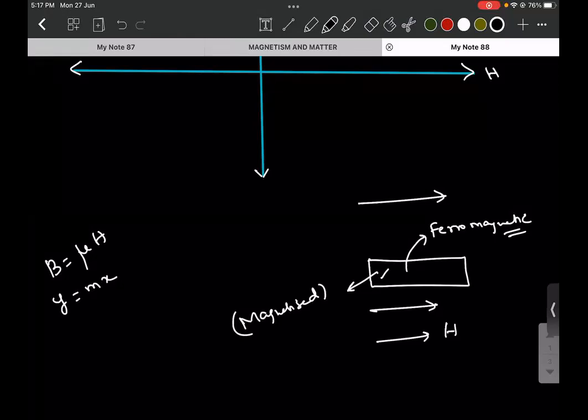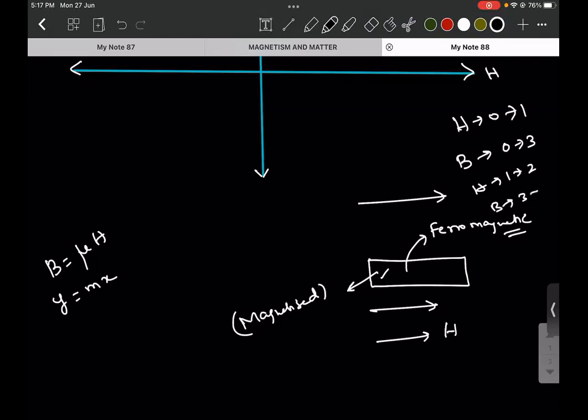Let's say the magnetizing field intensity has changed from 0 to 1, and B is changing from 0 to 3. Suppose you change the value of H from 1 to 2, what should happen to B? It should change from 3 to 6. What happened?